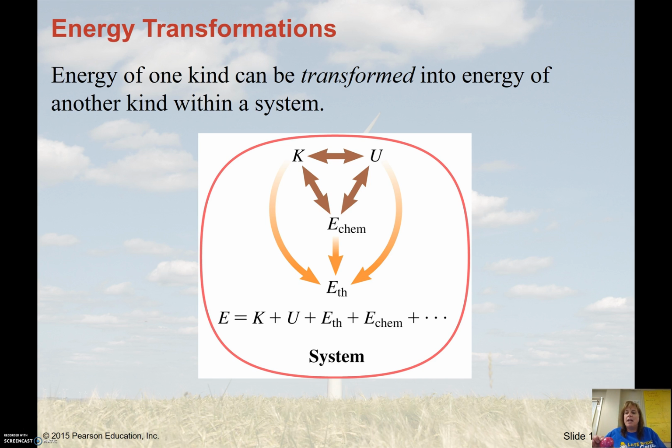For example, I give this ball kinetic energy and I raise it up to some height, so now it has gravitational potential energy, and then I drop it, and that gravitational potential energy becomes kinetic energy. So that's a transformation.